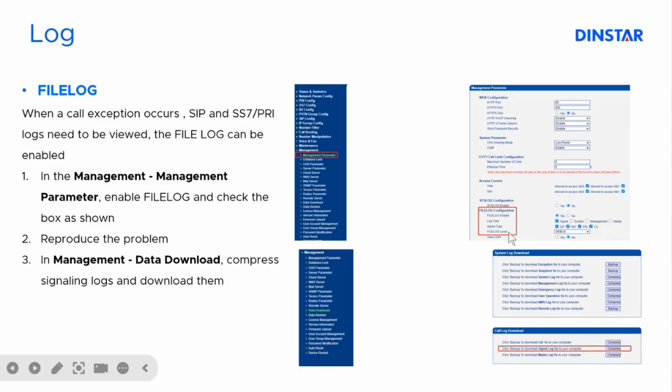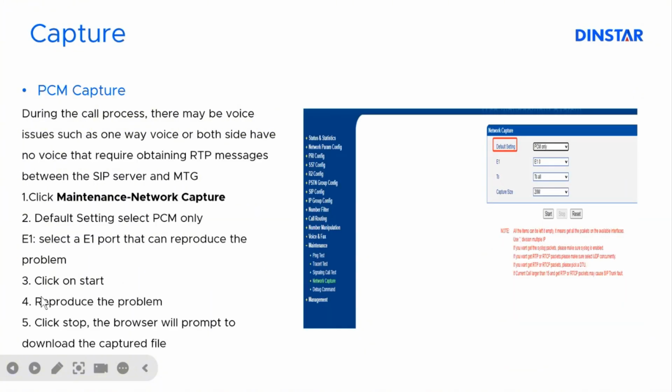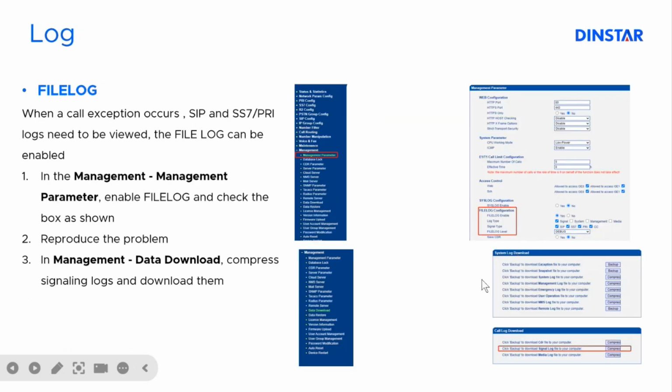Okay, after enabling the parameters, we just need to reproduce the problems. It's the same way as the captures. After reproducing the problems, we get into the data download and get the signal log here.